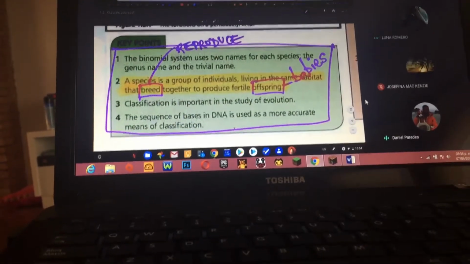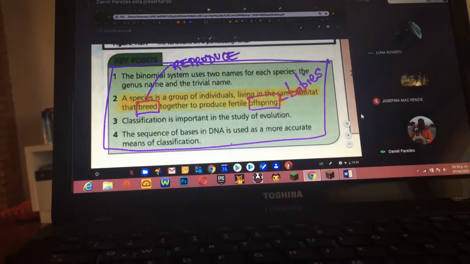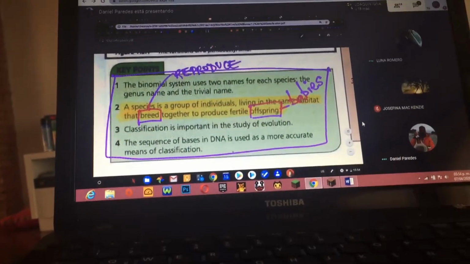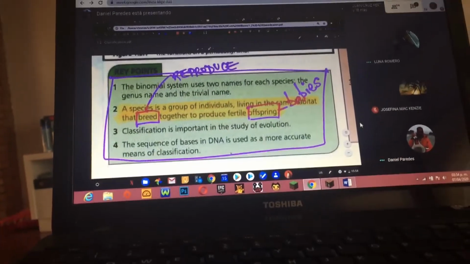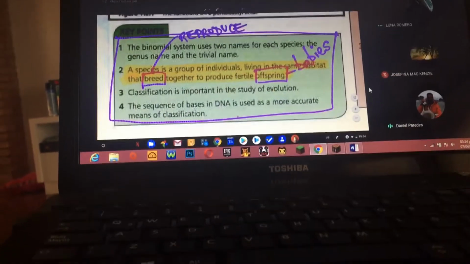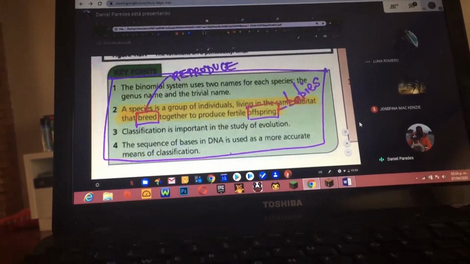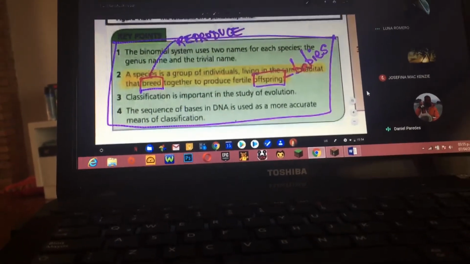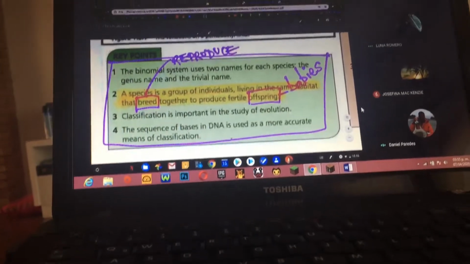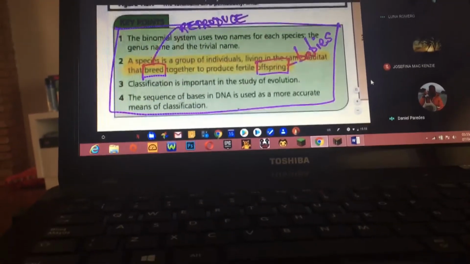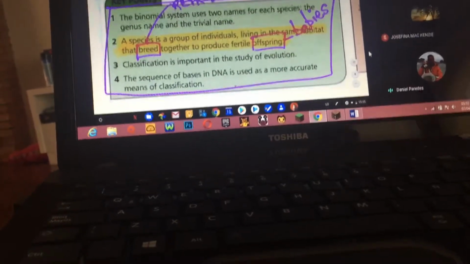Si ustedes cruzan a un asno con un caballo, producen una mula, y la mula, entonces, ¿es la misma especie? No, porque la mula no puede tener bebés, es infértil. Okay? So it doesn't count. So there has to be a continuum over time, over generations. You have to be able to produce babies.